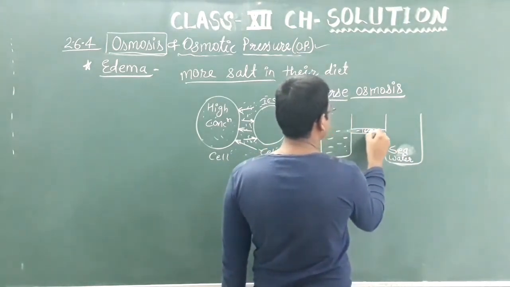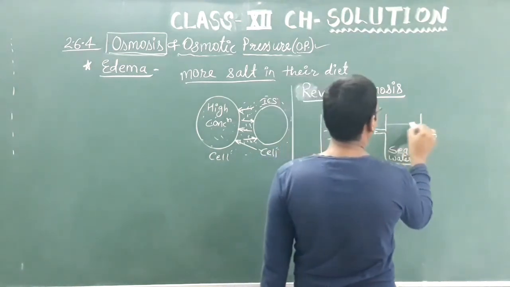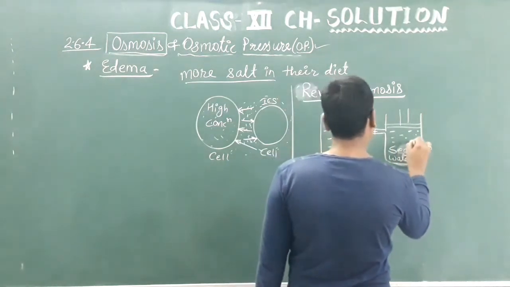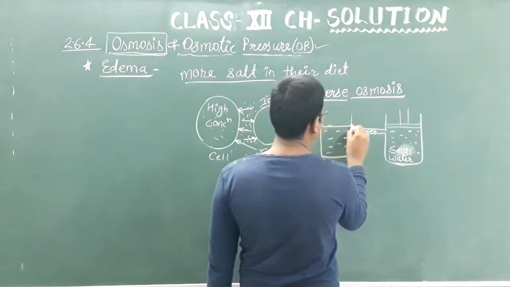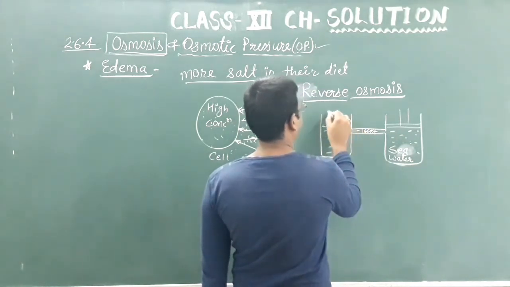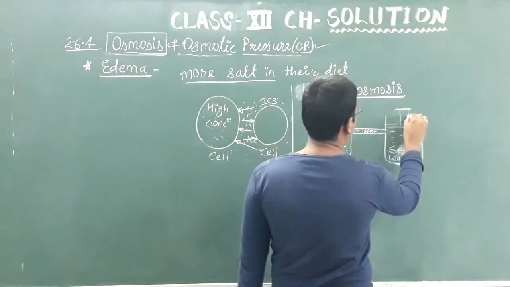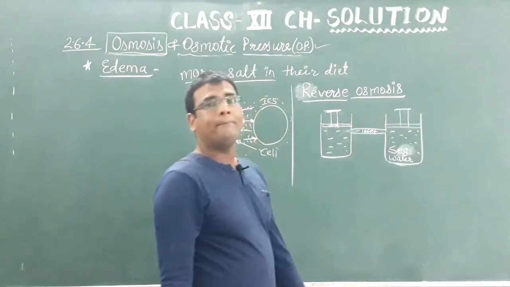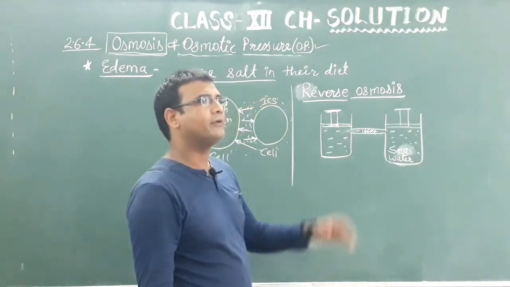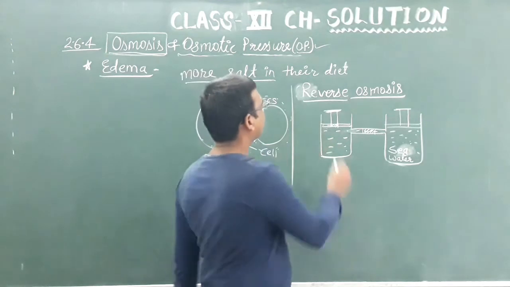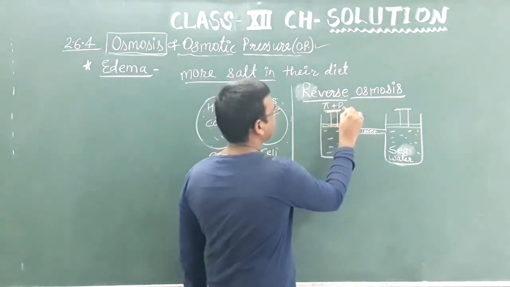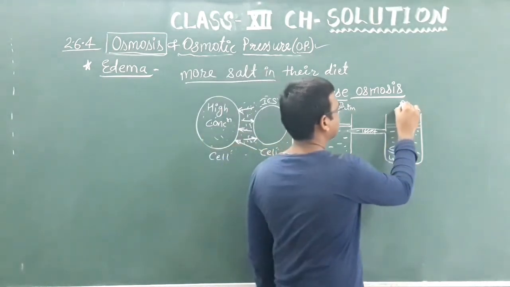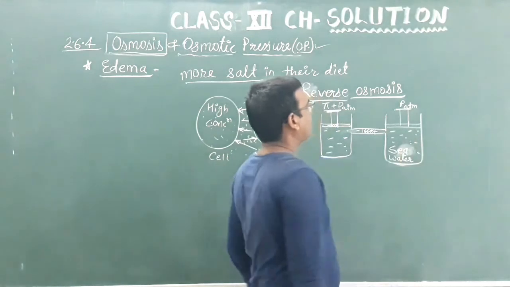Here it is SPM, semi-permeable membrane, and here it is pressure. With the help of piston we are applying pressure on salt water, and here it is also one piston. Earlier, just you remember the previous diagram, the same thing happened there, that pi plus PATM. PATM is what? Normal atmospheric pressure, and here it is PATM. What is the value of this pi?